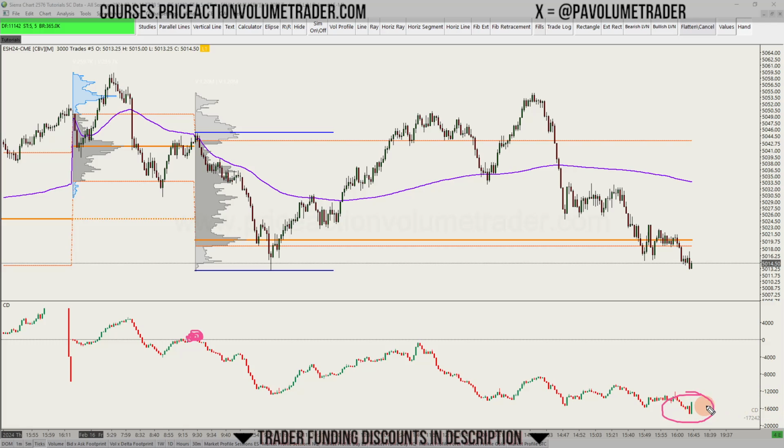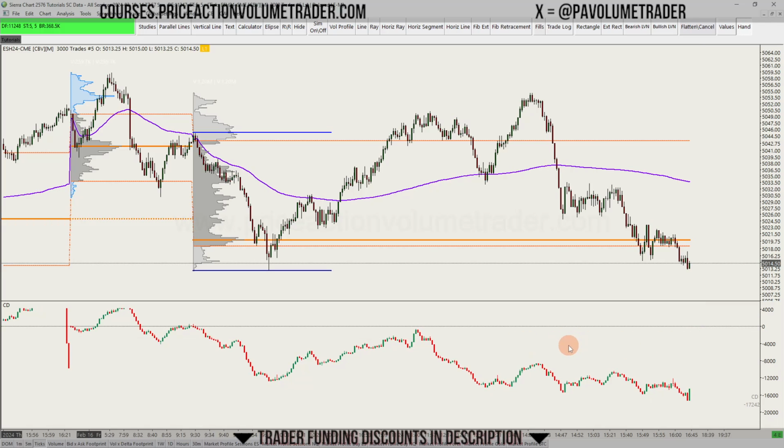That means that we ended up with minus 15,000 aggressive contracts traded to the sell side, okay? And if we ended up above 0, that means it was overall a positive delta day, delta being the difference between executed market orders to buy minus executed market orders to sell.